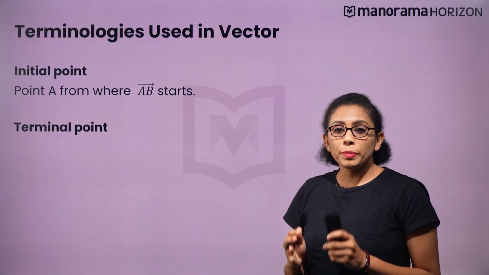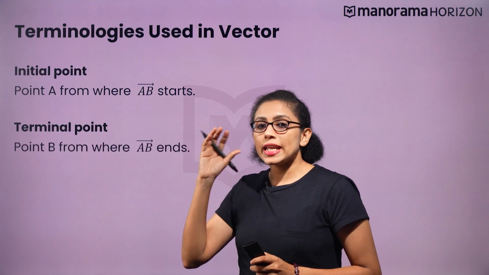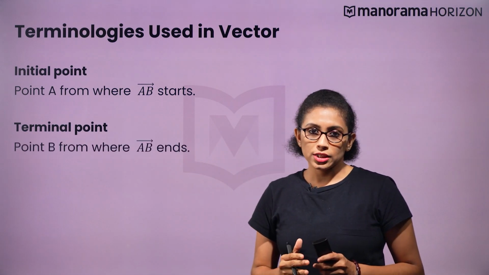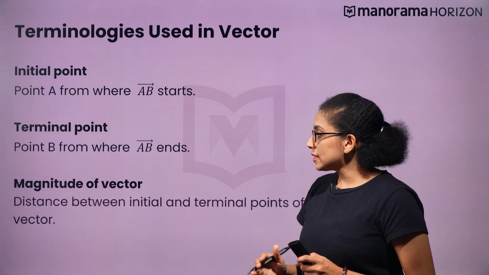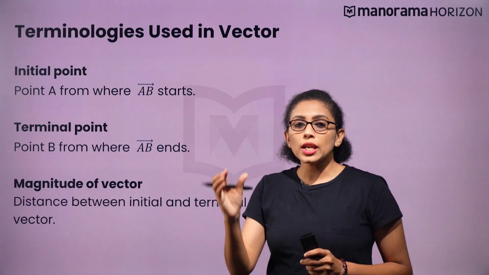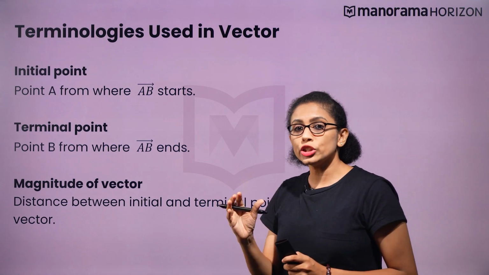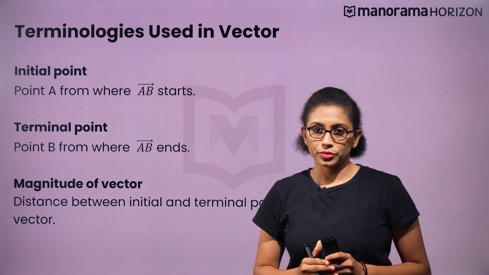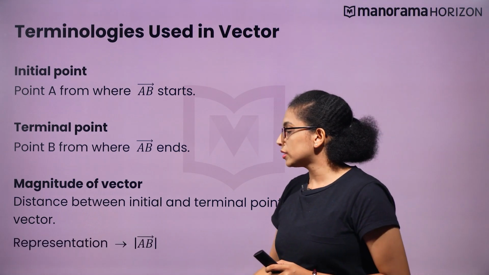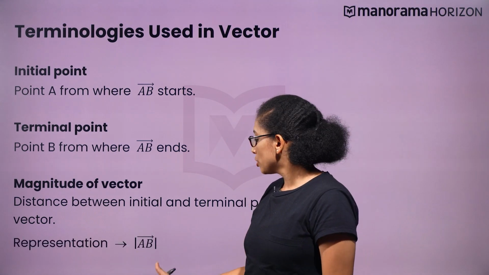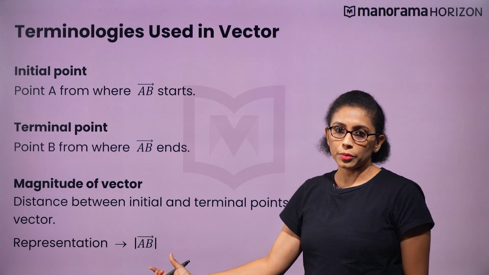And the point B where the vector ends is called the terminal point. The distance between the initial and the terminal points of a vector is called the magnitude or length of that vector. And the magnitude of vector AB is represented as modulus of vector AB.